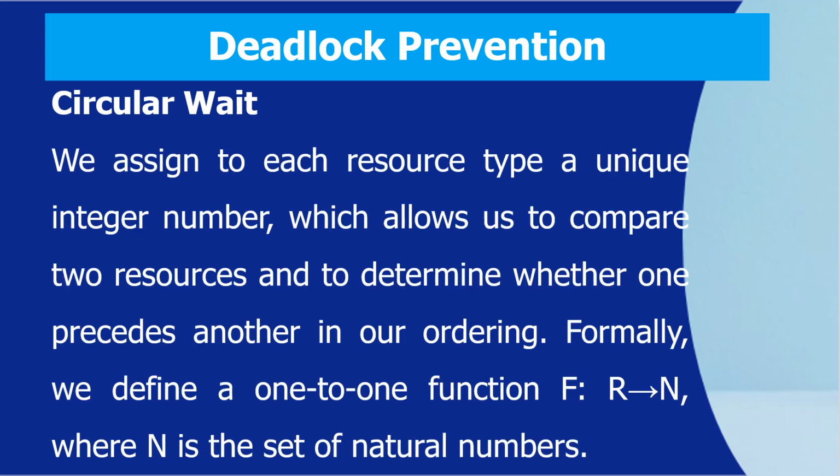To prevent circular wait, we assign to each resource type a unique integer number, which allows us to compare two resources and determine whether one precedes another in our ordering. Formally, we define a one-to-one function f from R to N, where N is the set of natural numbers.